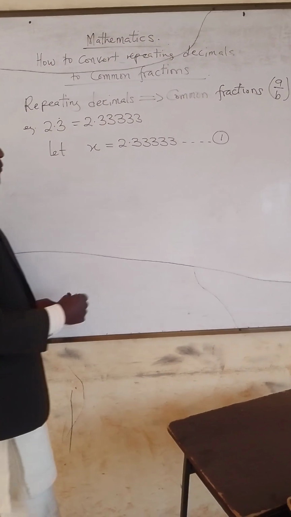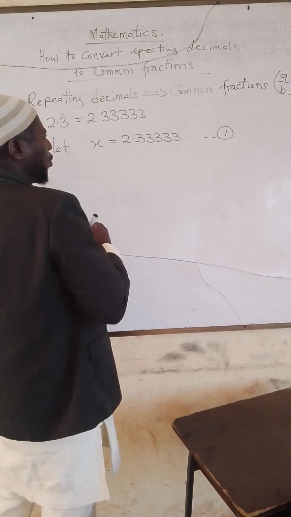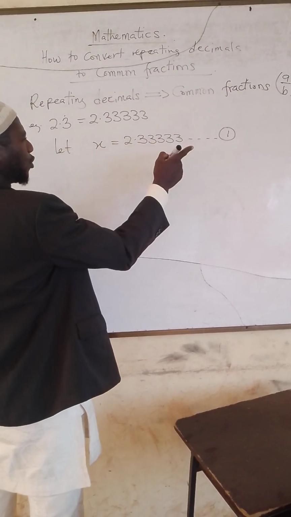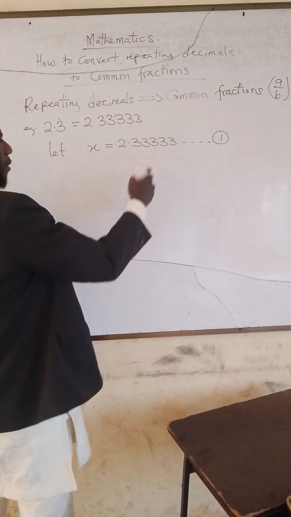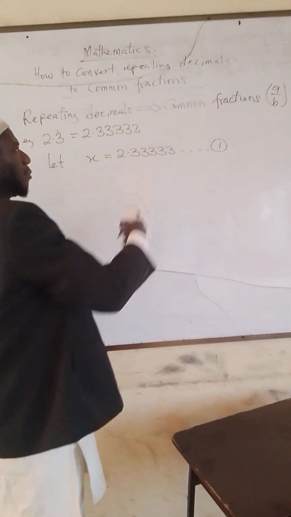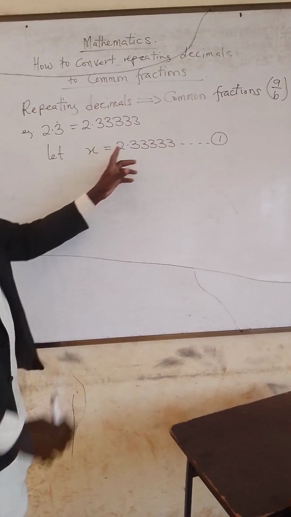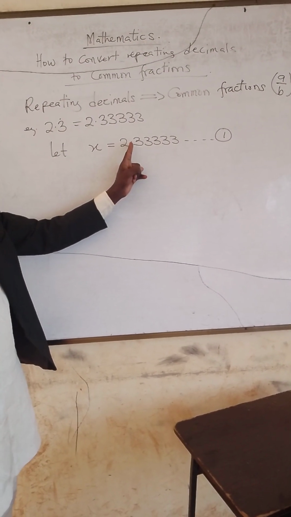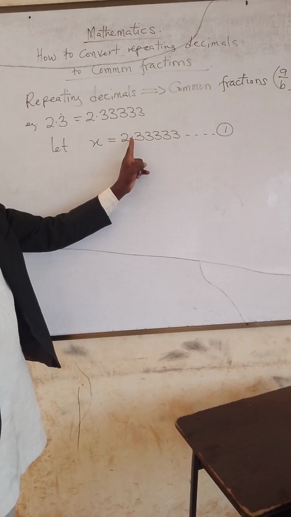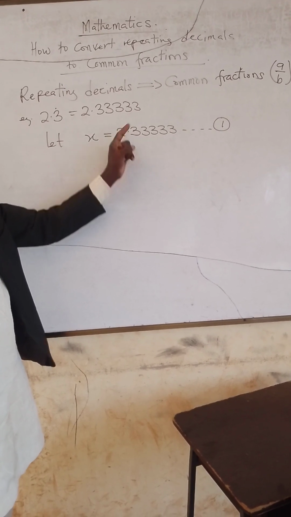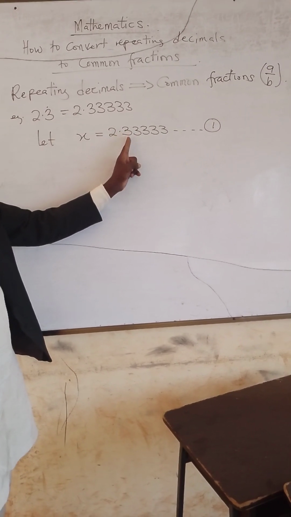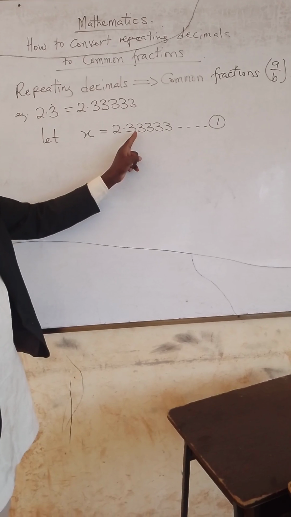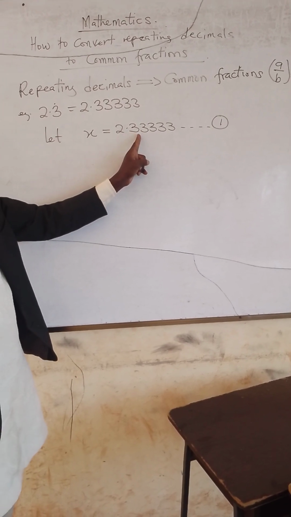With decimals, the value of the decimal point changes with multiples of 10. So if we multiply by 10, it will move the decimal point to the next value, making the repeating decimal come first.